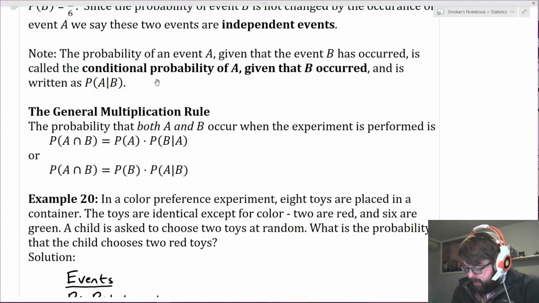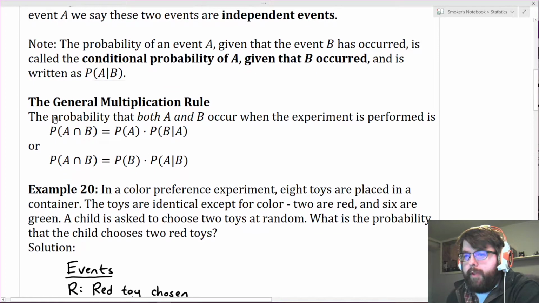Just trying to find it in the textbook. Bear with me for a second. The conditional probability of A given that B occurred. Yeah, sorry about that typo. Good, because that's what I had been thinking it was. So, the probability of A given that B occurred.